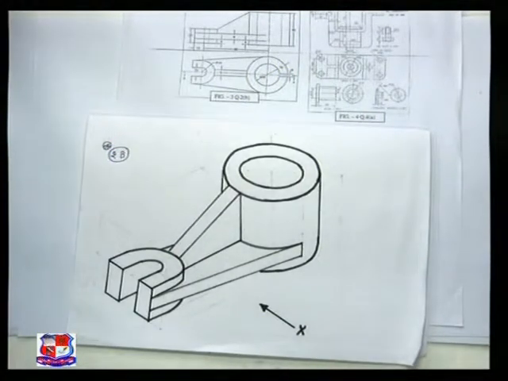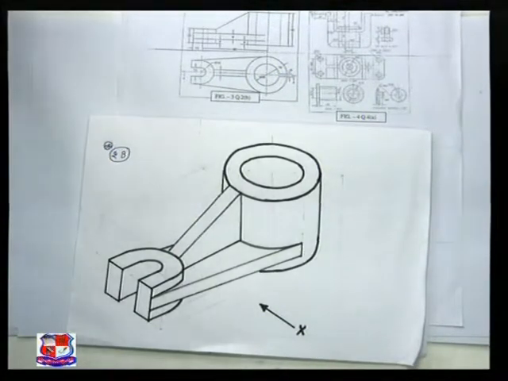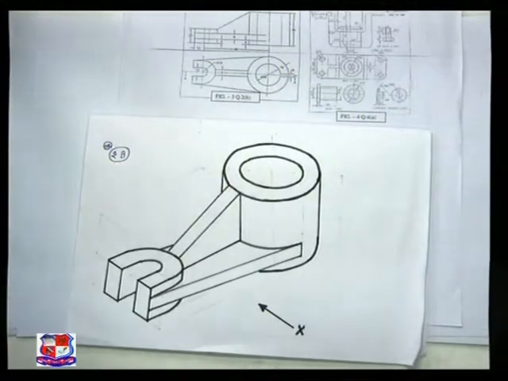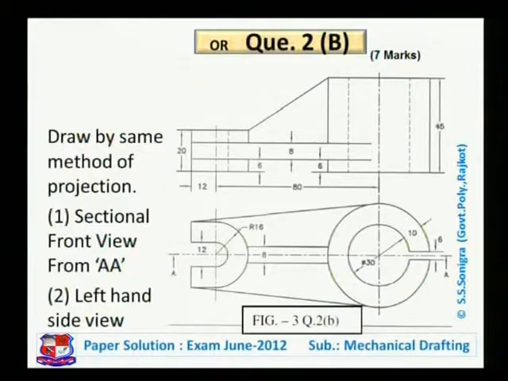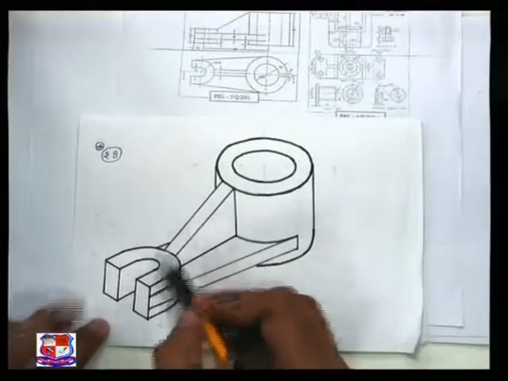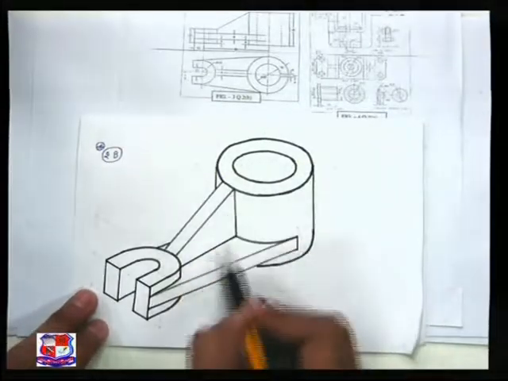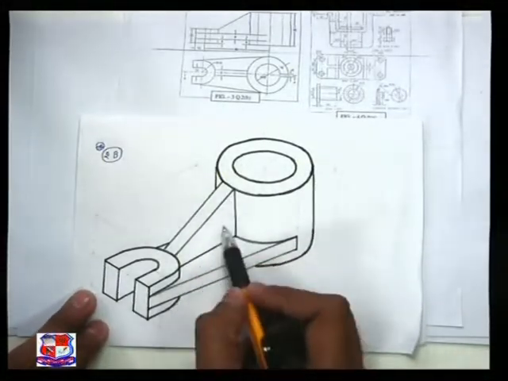So for that, let me think about the given problem. First we have to draw the sectional view. What is asked is the sectional front view and left hand side view. So when we cut this object from here, from the middle, this is a rib support, so the section line should not be drawn in this portion.